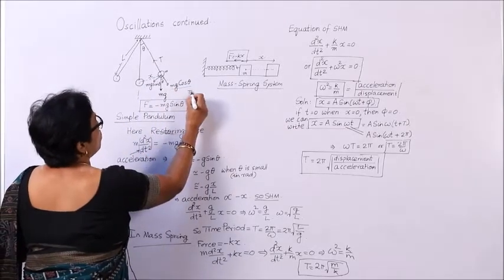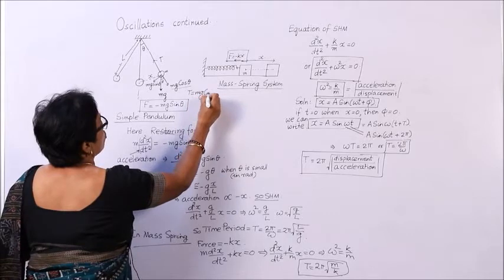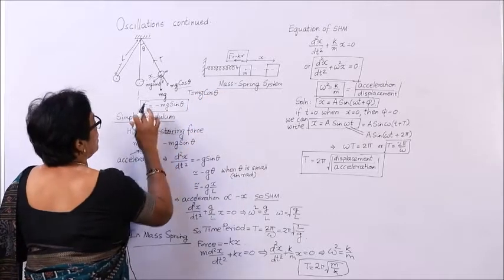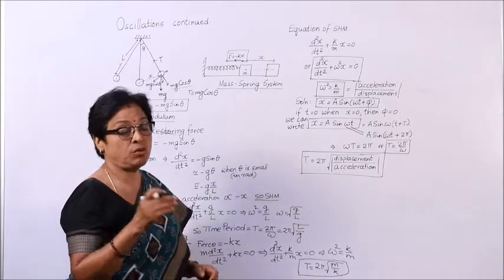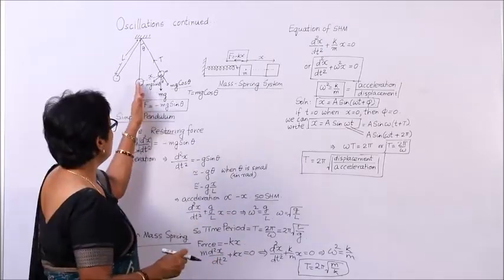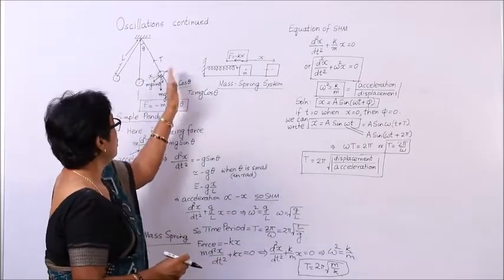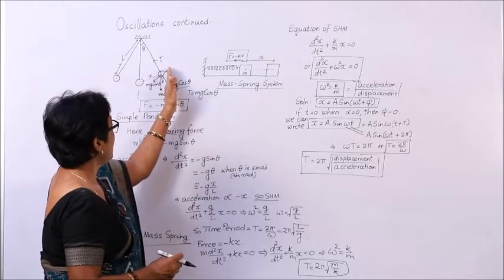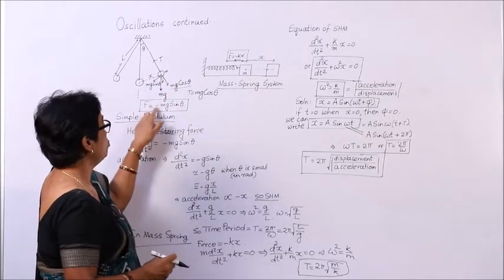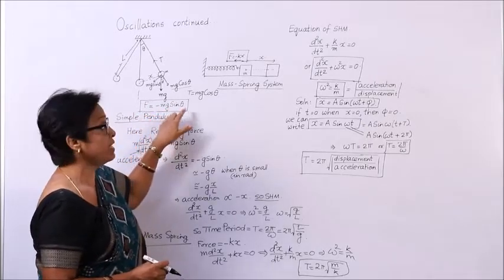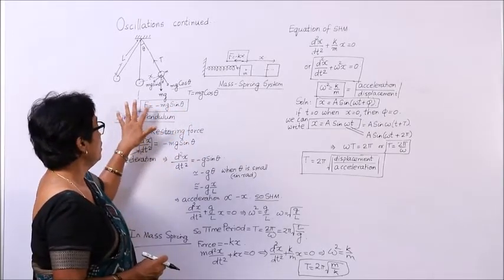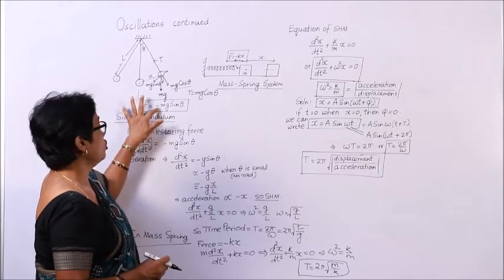Tension T will be equal to mg cos theta, so they balance each other out. What remains is the unbalanced force, minus mg sin theta. Why minus? Because x is measured from here to here, but the force is towards the opposite direction, that is why there is this negative sign. So force is equal to minus mg sin theta.